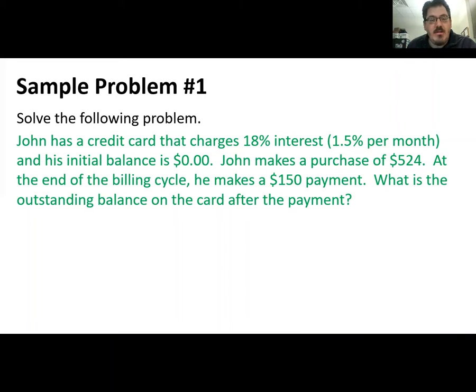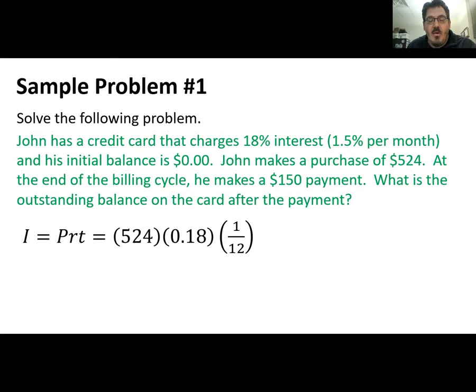All right, so let's go ahead and figure out what is going on in this situation. So the first thing we want to do is we need to calculate the interest. We got to figure out how much interest is calculated during this period. And we're going to use the simple interest formula because we're basically looking at one period in which things are being calculated for this 1 month period.